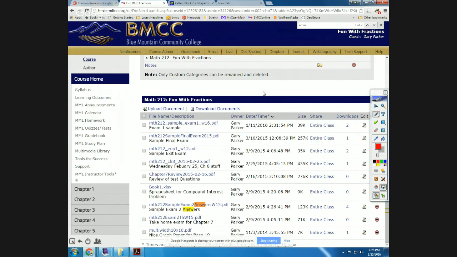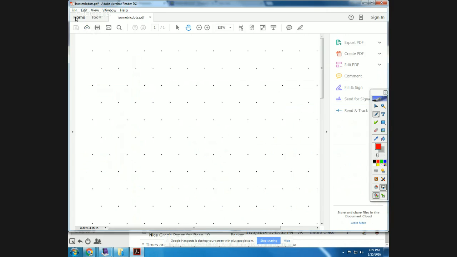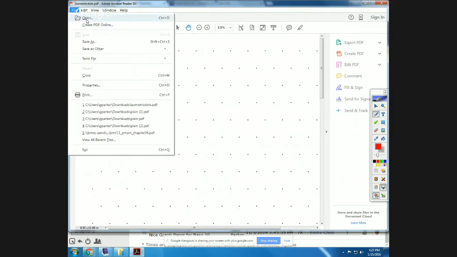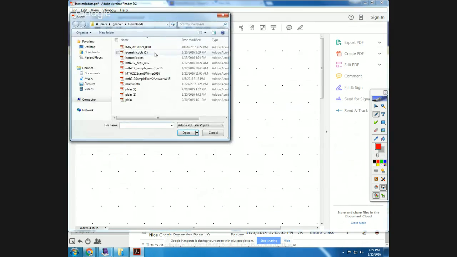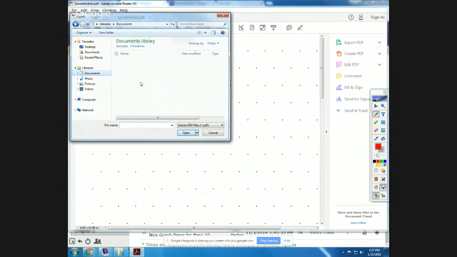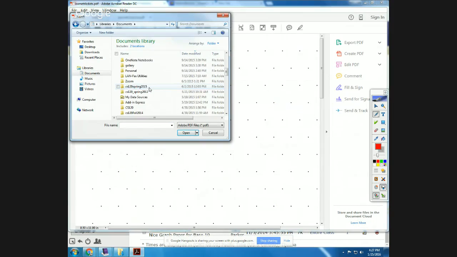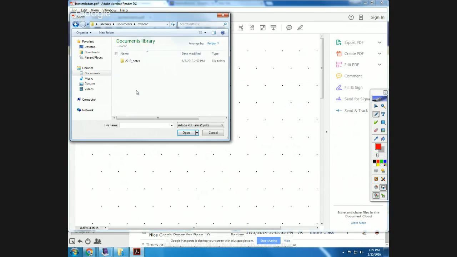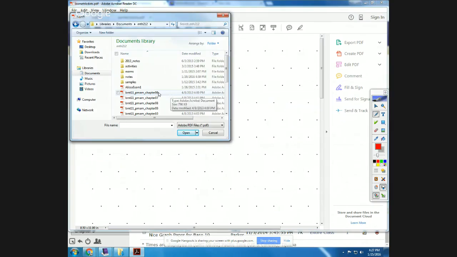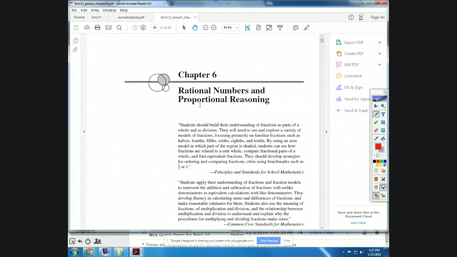Can you show me activity 9? Activity 9, so is that division? Yes. Yeah, let's do a division problem together, okay? Let me bring that up. This is chapter 6, right?